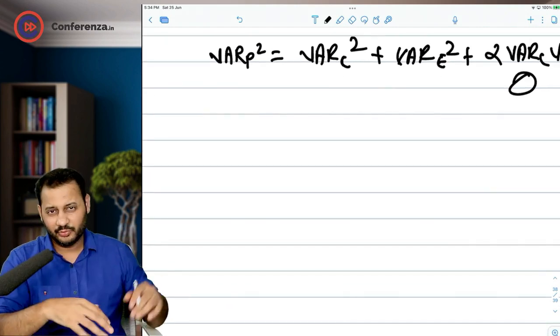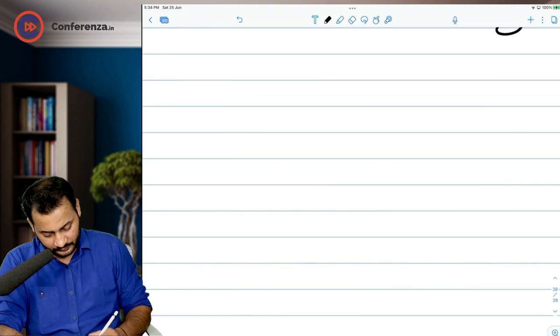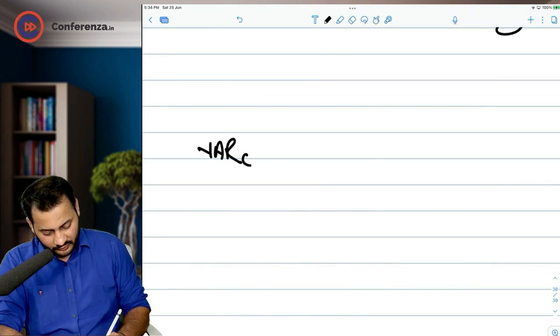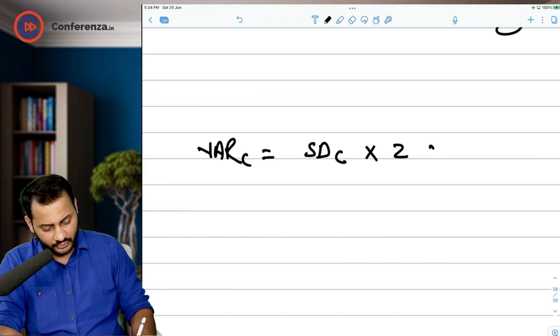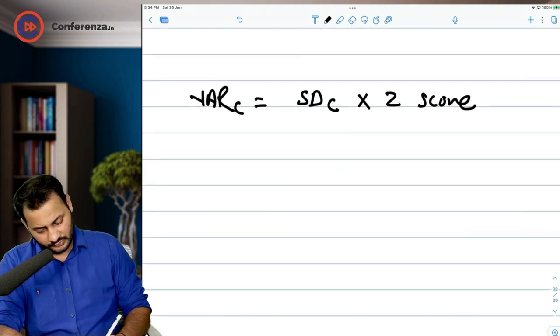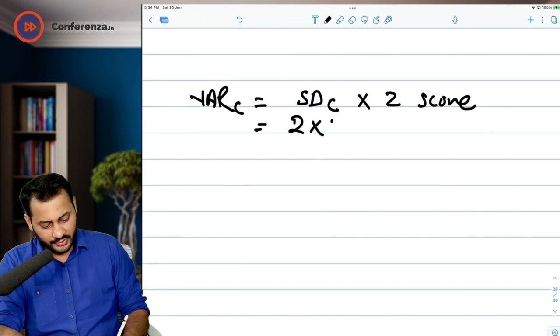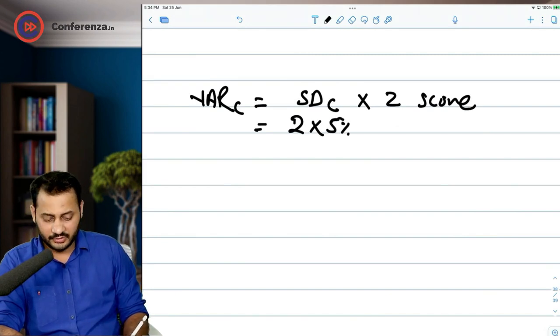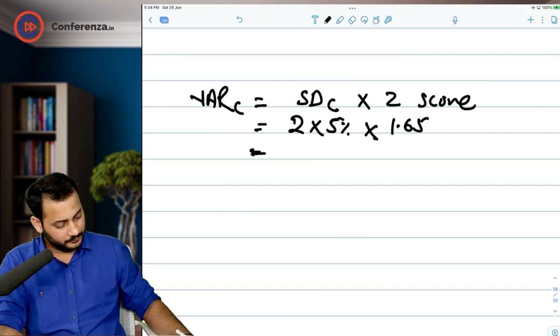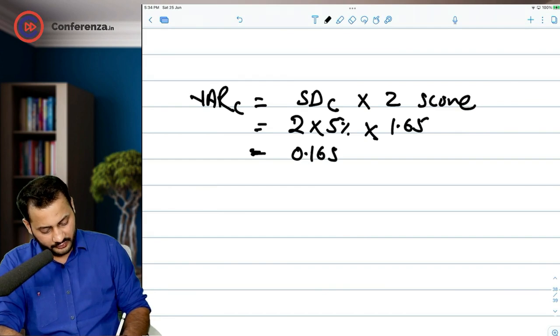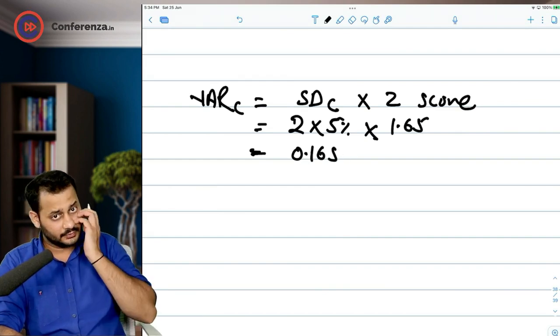So, this is going to be a little lengthy process, I think. First, we will calculate VAR of the Canadian dollar. That is the standard deviation of the Canadian dollar into z-score. That is $2 million into 5% into z-score 1.65. So this gives you the figure of 0.165 millions.